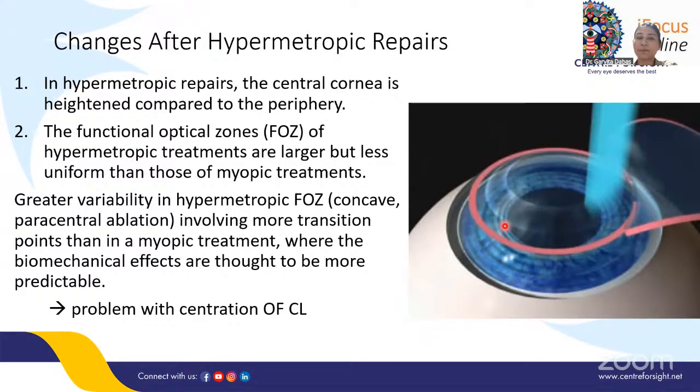This variability of the functional optical zone in hypermetropic eyes, that is, it is more concave and has a paracentral ablation, causes more transition points as compared to a myopic treatment. This problem leads to centration difficulty while fitting contact lenses post hypermetropic repairs.